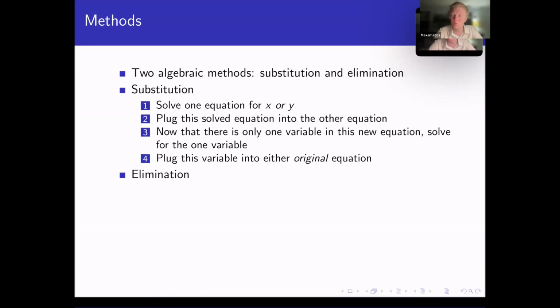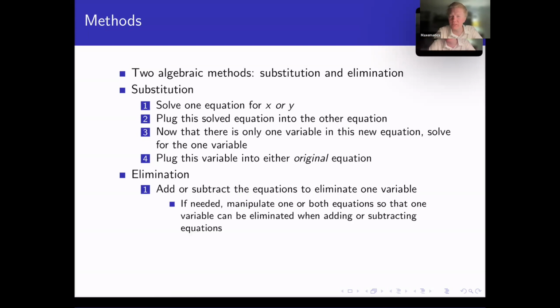My personal favorite, however, is elimination. And elimination, what we're doing is eliminating one of the variables. So what we want to do is add or subtract the equations to eliminate that variable. So one thing that you should note is that you might need to manipulate your equations to be able to do this. For example, if you add or subtract the equations right away, it's totally possible that you will get x's and y's in your added or subtracted equation.